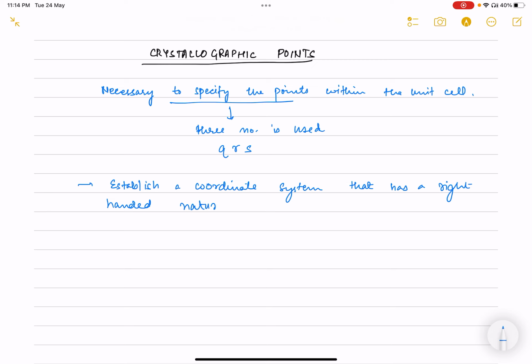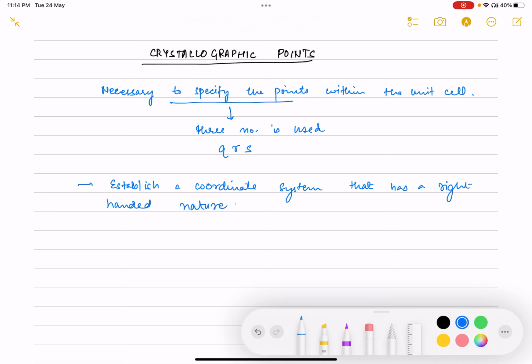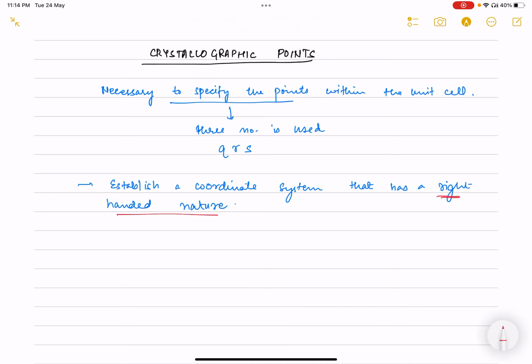So the coordinate axes can look like this: this will be your x, this will be your y, and this will be your z. This is the coordinate system that needs to be established before determining the points.